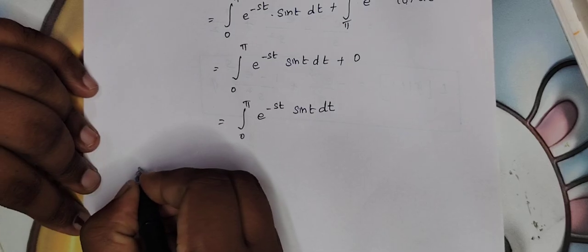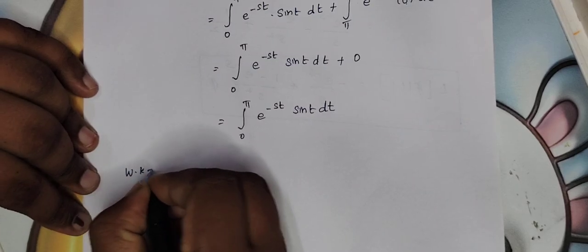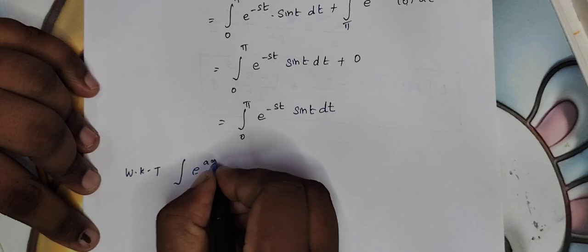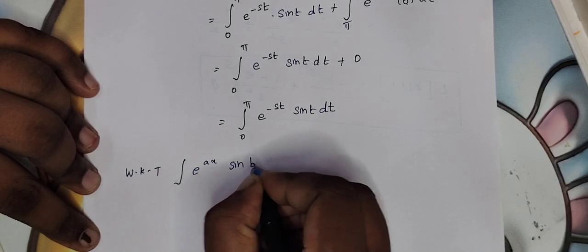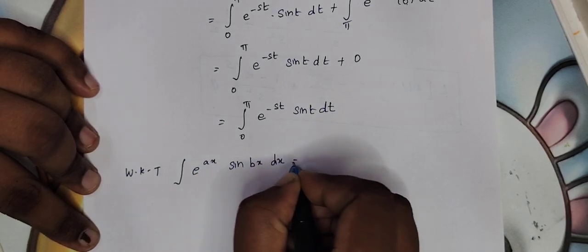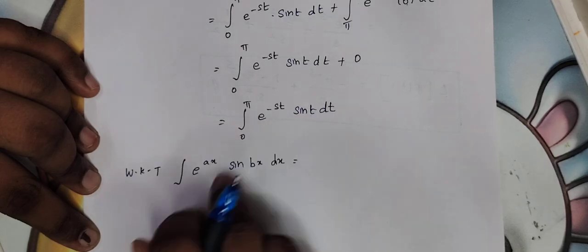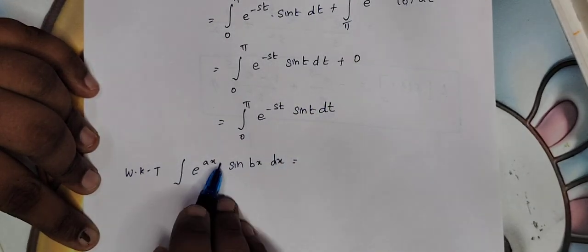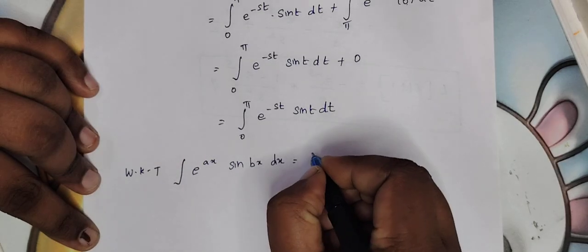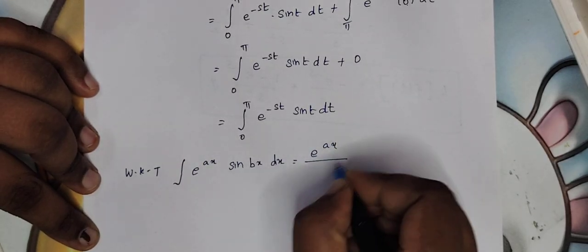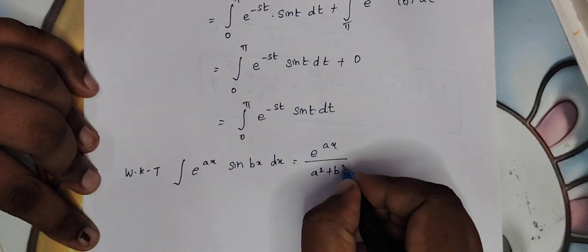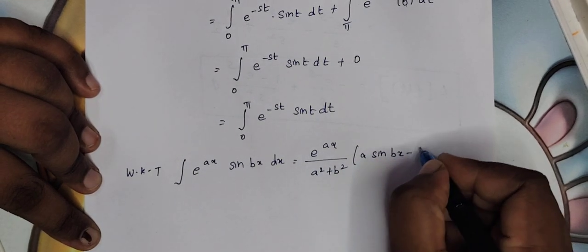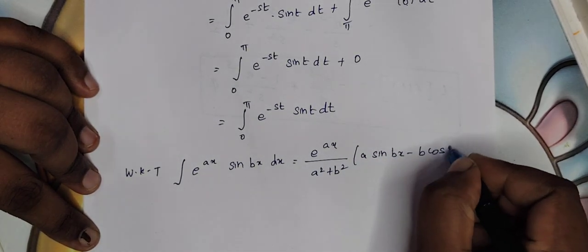The formula is, we know that the integral of e power ax sin bx dx is nothing but e power ax divided by a square plus b square, into a sin bx minus b cos bx.